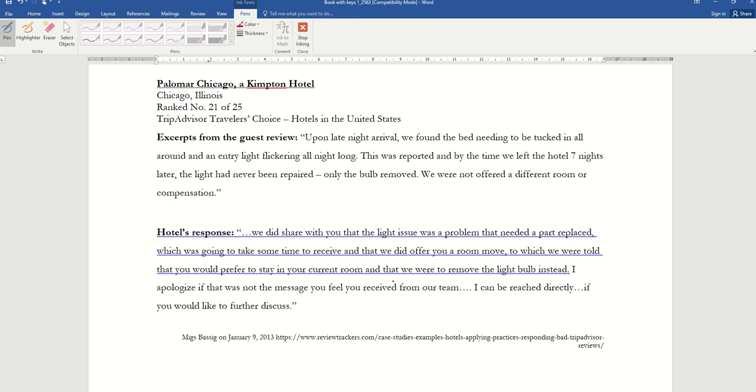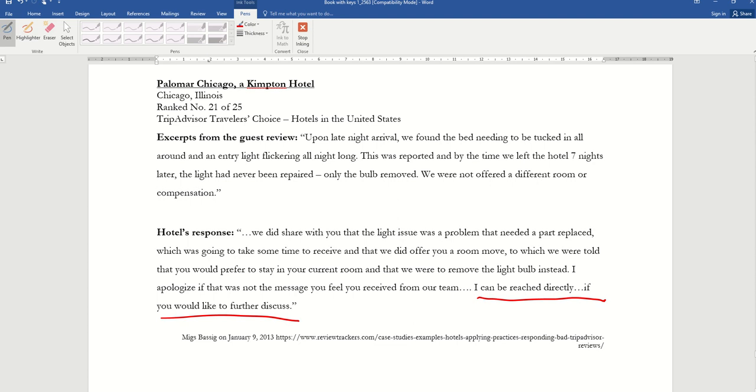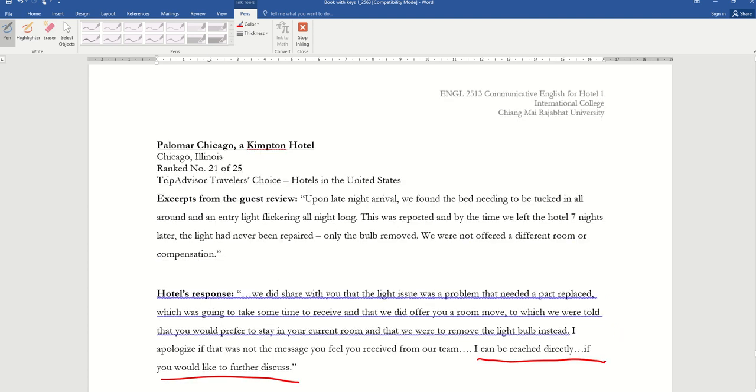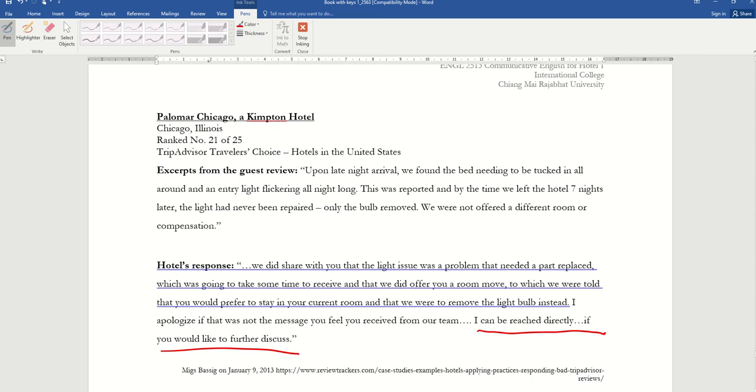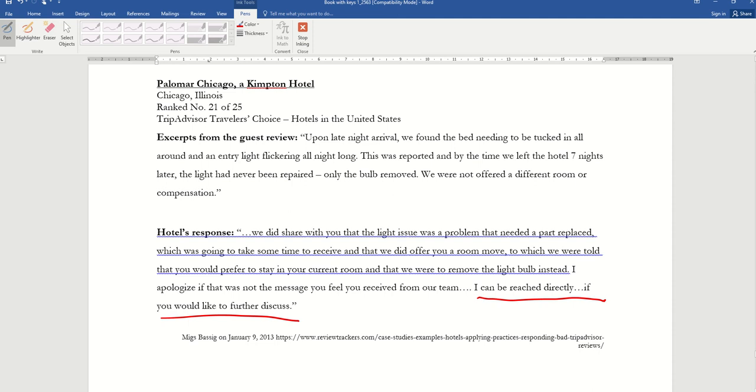But for this one, I can be reached directly if you would like to further discuss means that if you have something else, you just contact me directly. No need to put the excerpt in like Agoda reviews, for example. And I have reason and I have information to give you if you need.